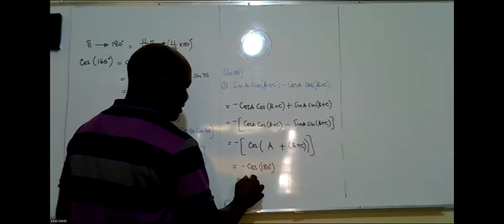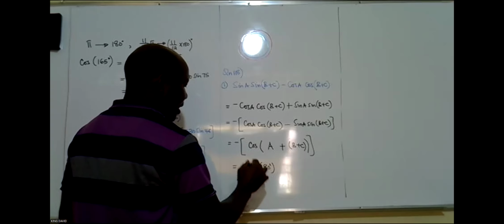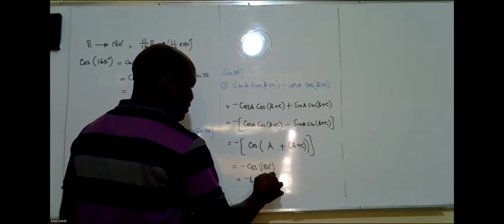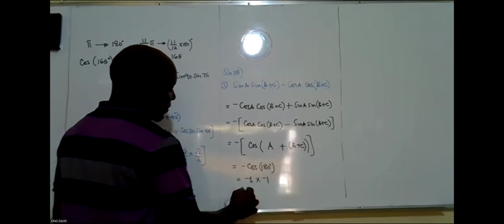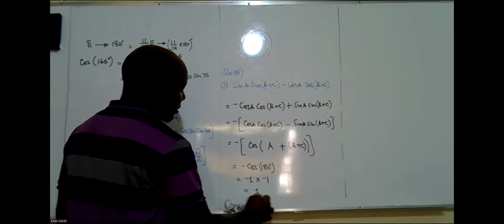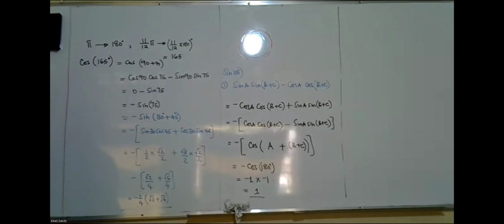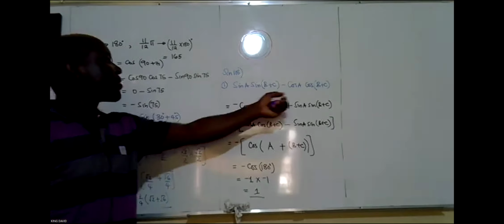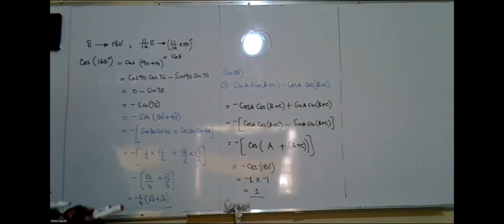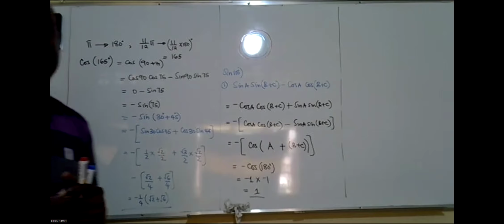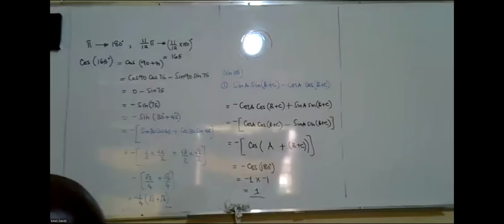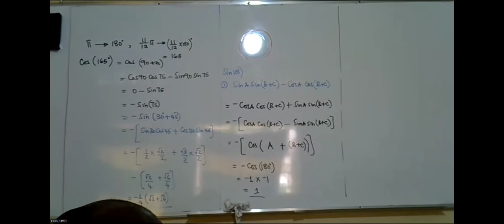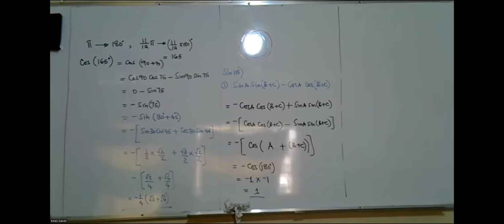There's a silent 1 here, negative 1, and cos of 180 itself is also negative 1. So the product is positive 1. So the value is positive 1, A, B, and C being angles of a triangle. So that was 118, Roman 1.